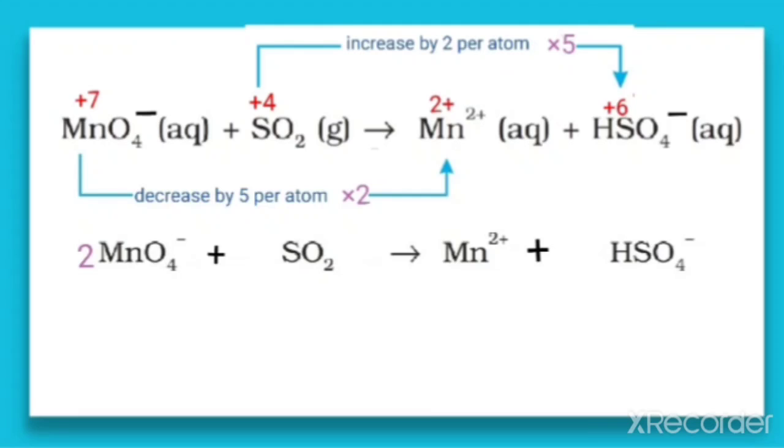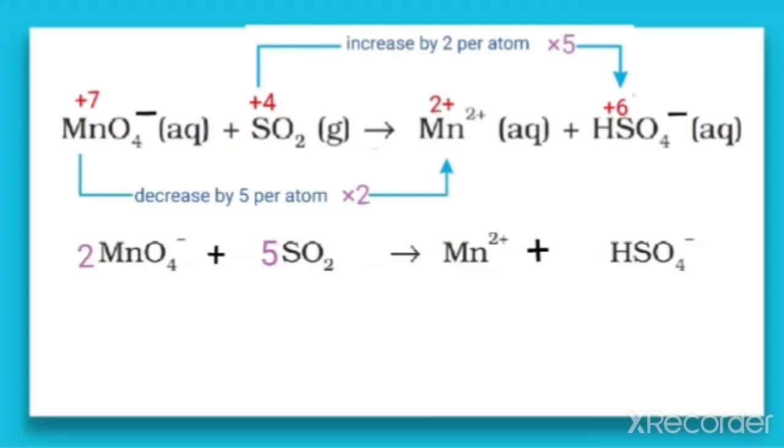Therefore, we have multiplied with 5 in order to equalize. So that 5 which we have multiplied here for equalizing should be taken as the stoichiometric coefficient here. So that is the next step: the number you have multiplied for equalizing should be taken as the stoichiometric coefficient for the same.